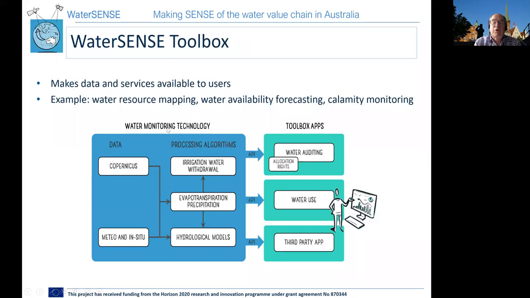Then we have processing algorithms, and these algorithms are producing information for different apps, like a water auditing app in Australia for water use, but also for third-party applications.